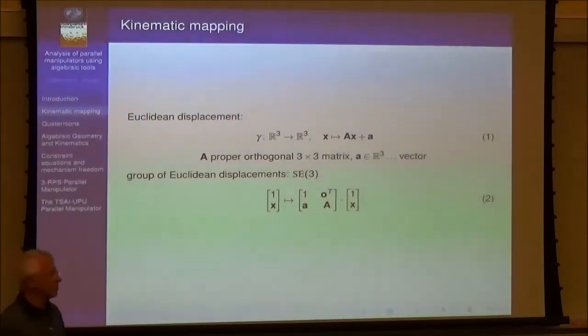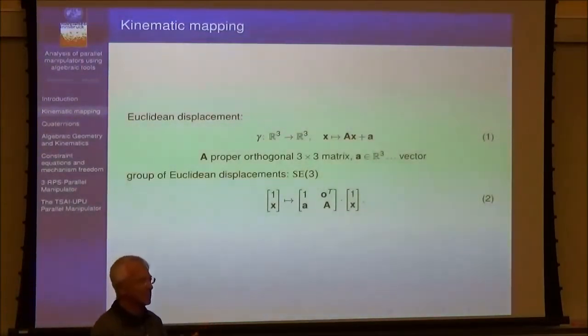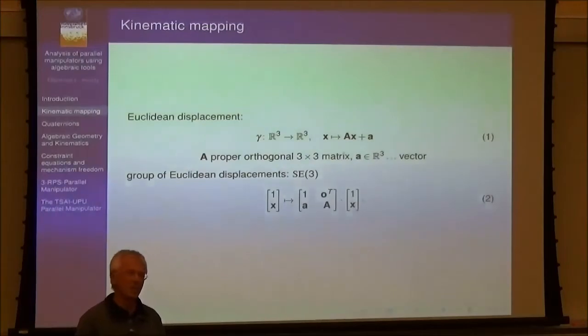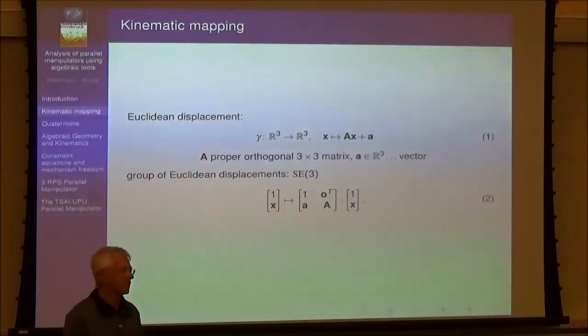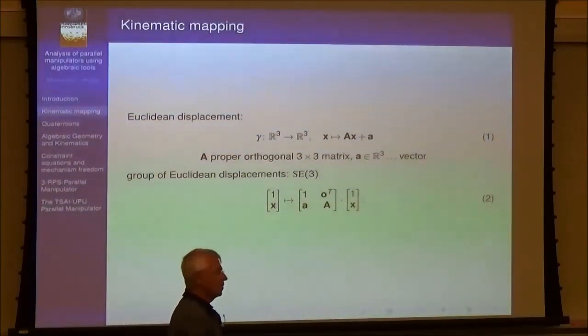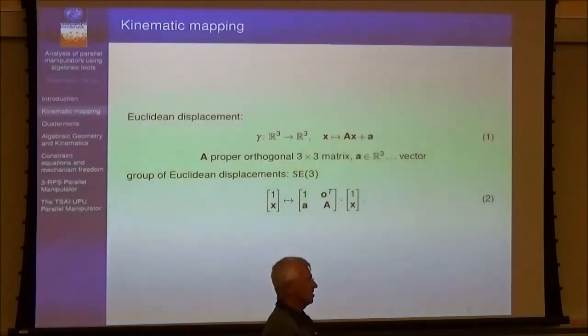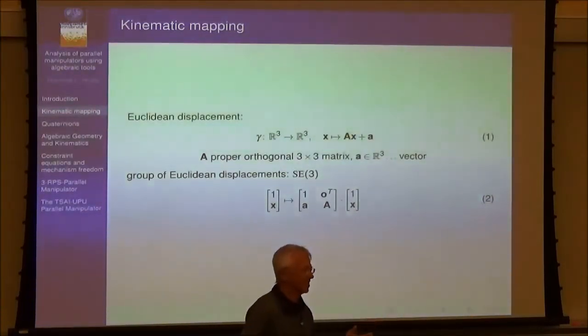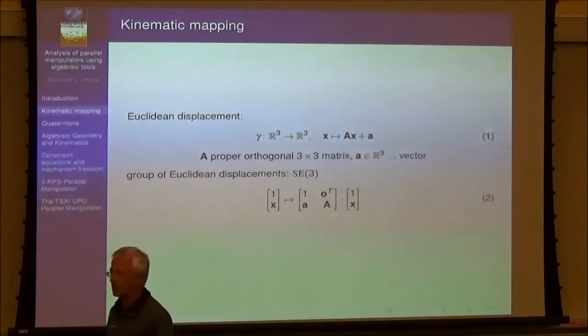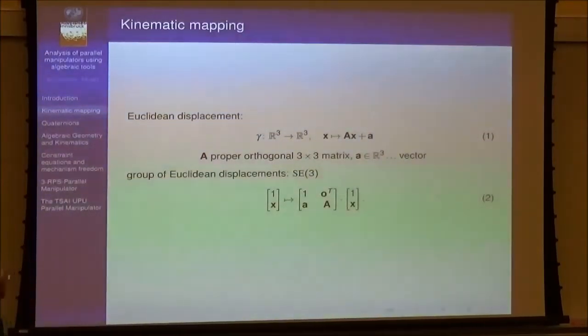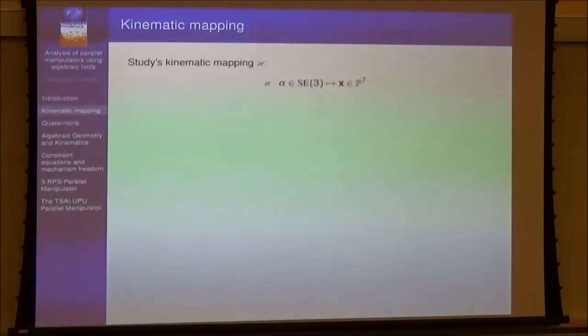Affine transformations, for example, allow scaling. But in engineering, it's maybe not very nice when you think of a robot that, during its motion, changes its length. So this is not something we want to have. Therefore, we talk about Euclidean transformations.